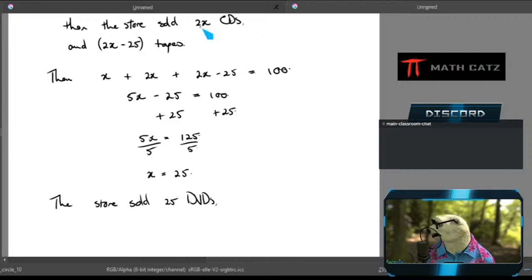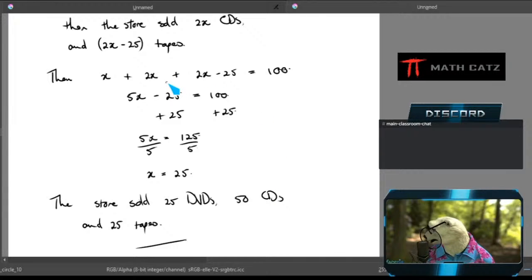Now I have to check. 2x represents the number of CDs, so 2 times 25, that's 50 CDs. And 2 times x, so 2 times 25 is 50, minus 25, 25 tapes. And I can check, do they add up to 100? Yes, they do. So I feel pretty good about that.